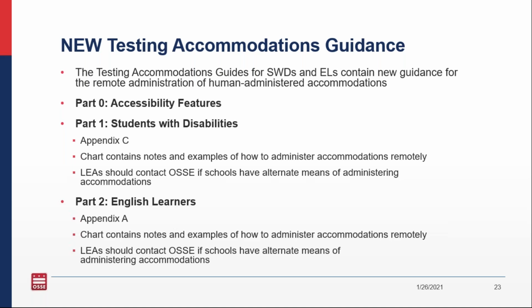So again, that's for Part 1 for students with disabilities. For Part 2, English learners, you have Appendix A, and it's the same thing, a crosswalk with those accommodations that are available in SEDS and PARCC, and then it gives you specific examples of what those accommodations will look like.